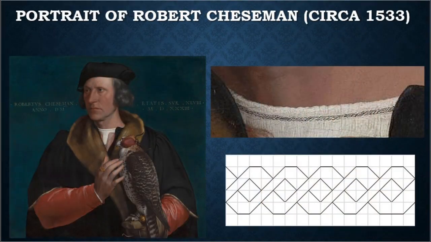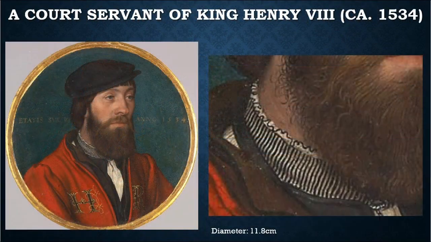Here's a portrait of Robert Cheeseman from about 1533. And if you zoom in closely on his collar, you can see he has just a very simple detail around his collar. And here I have recreated the pattern. This is a court servant of King Henry VIII from about 1534. And in this portrait, I put in the diameter just because I find this interesting, that the diameter is only 11.8 centimeters, yet Holbein was able to get such intricate detail work into such a small painting.